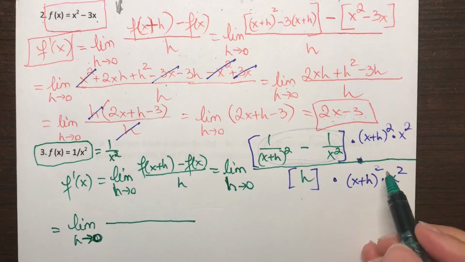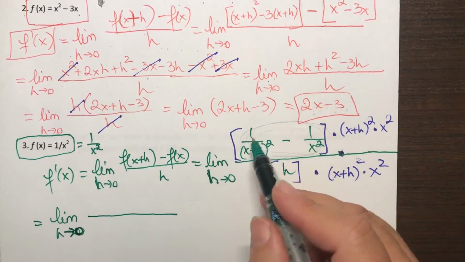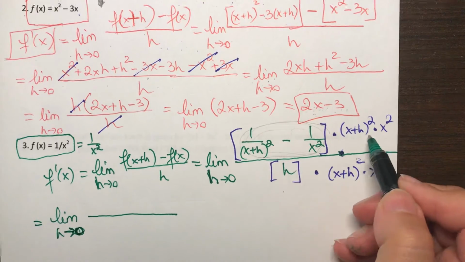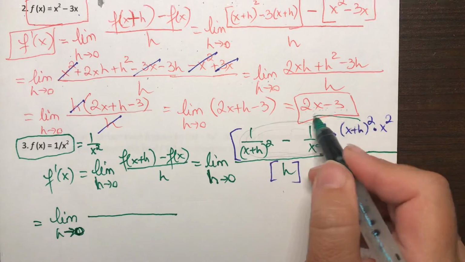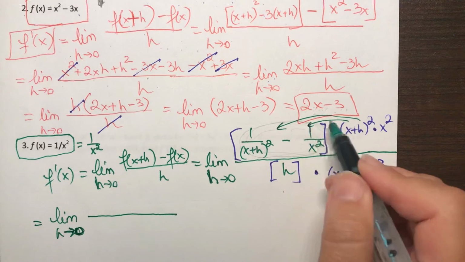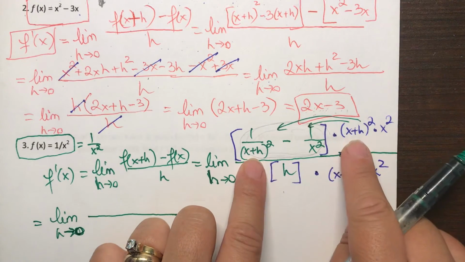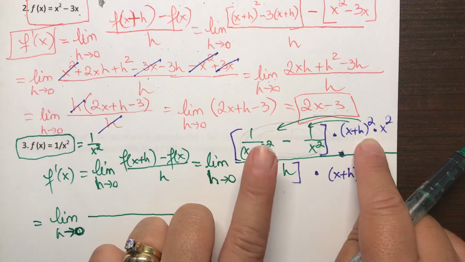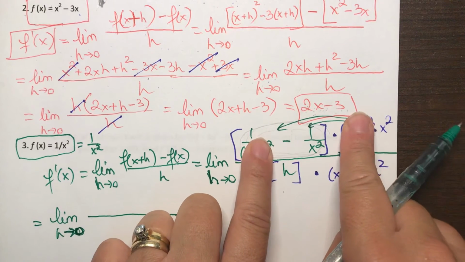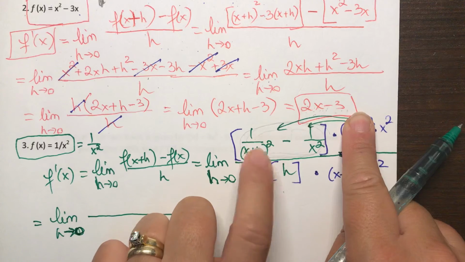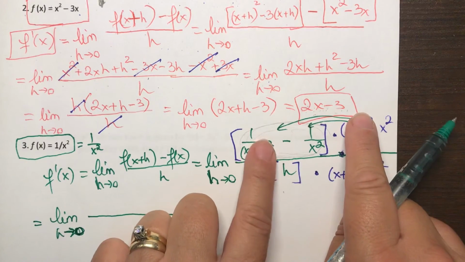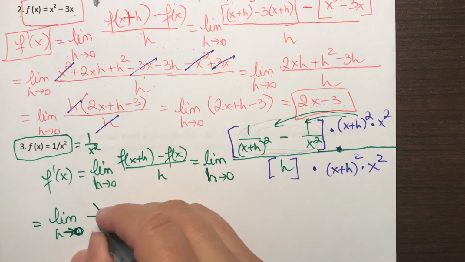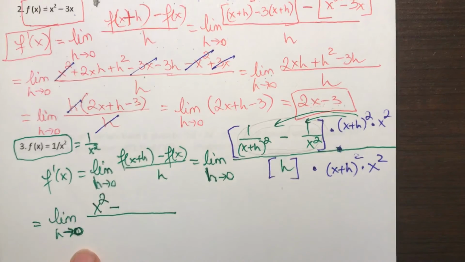Okay. Now, what's the advantage of this? Well, if I multiply these two terms by these factors, it means I need to distribute and multiply to each one of them. So when I multiply this fraction by these two factors, what's going to happen? The x plus h squared is going to go away. Yes, it's going to be crossing out this top one with this bottom one. And I'll be left with just x squared.